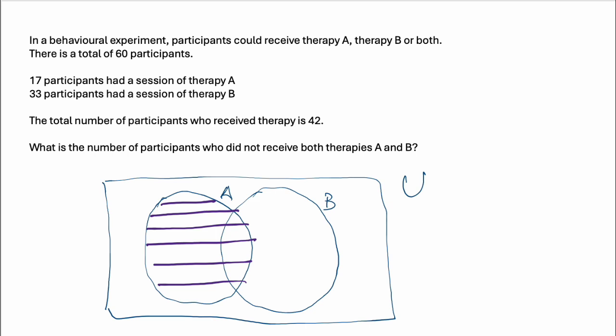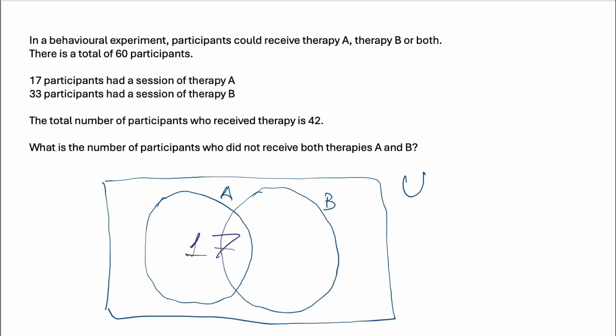Okay, so the way I like to do it, just so that you understand, is I like to put the number 17 here, getting all of my set A. The total participants that had sessions of therapy B are 33.